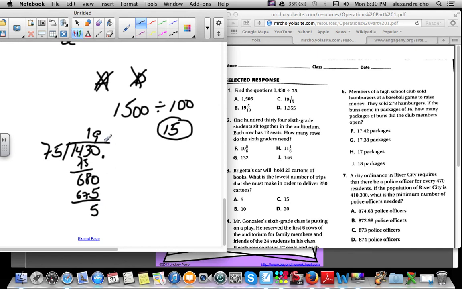Let's add a decimal, which allows me to bring a 0 down. 75 does not go into 50, so I add a 0 on top. Add another 0. But 75 goes into 500 quite a few times, which would be, I don't know, let's see, 150, 300, 450, 6 times.